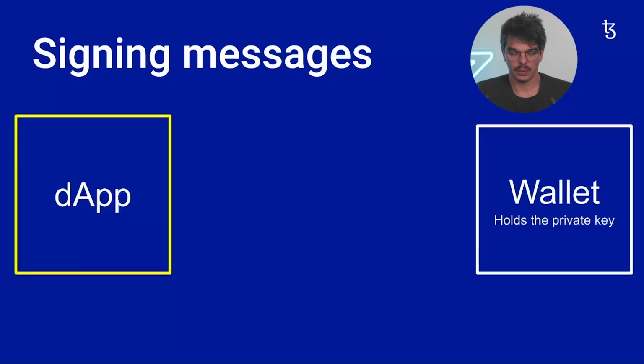Okay, so the final concept that we're going to introduce today is signing messages. We talked about this a little bit earlier, but in the world of dApps and blockchain, to prove that a message or a command came from a certain account, that account can sign that message using its private key.